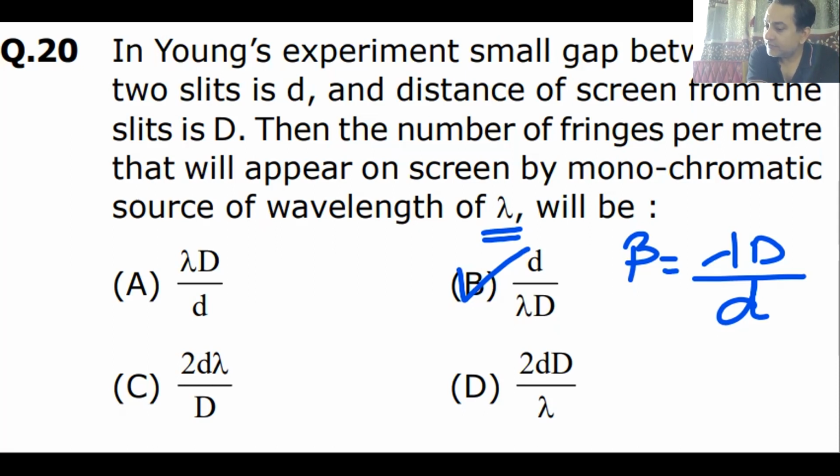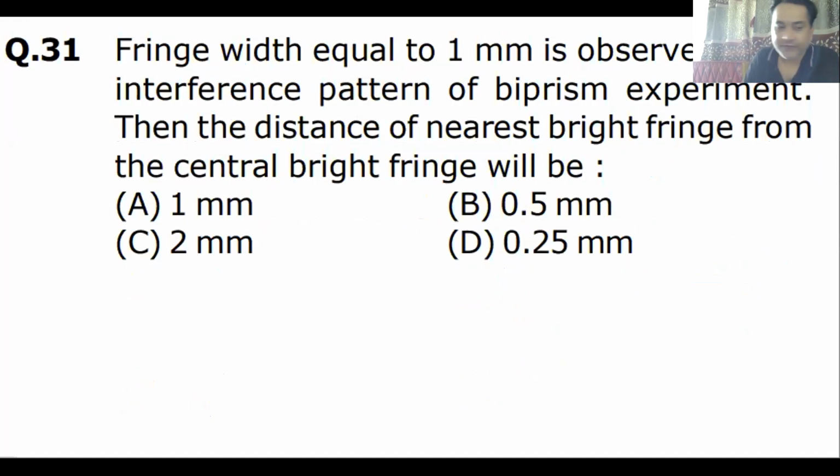And see the next question solved by Prism. Let's see who gives me the answer for this one. The question comes right away. Fringe width equal to 1 mm is observed in the interference pattern of a biprism experiment.